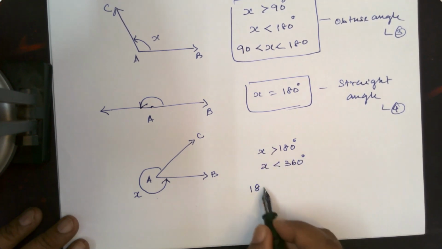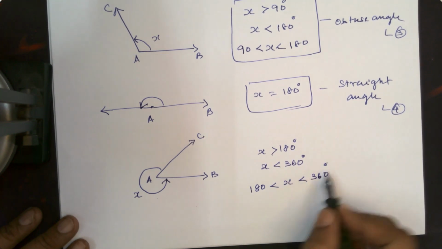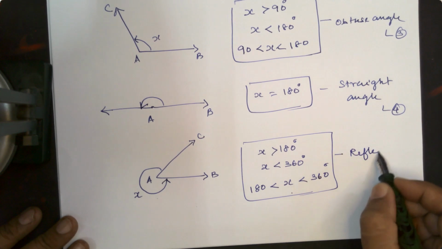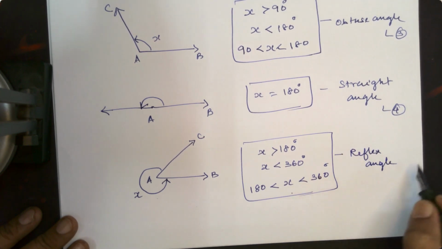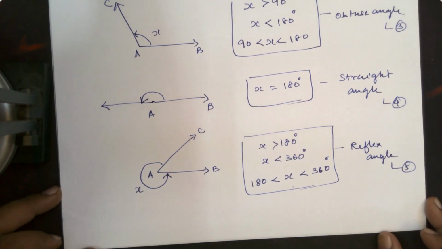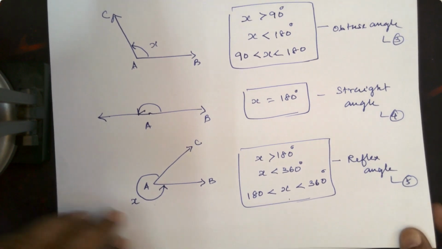So this can be represented as 180 degree is less than x is less than 360 degree. Such types of angles are called reflex angles. This is the fifth type. Right?